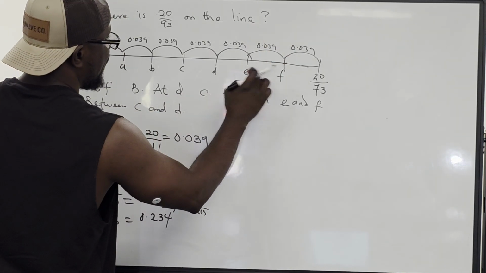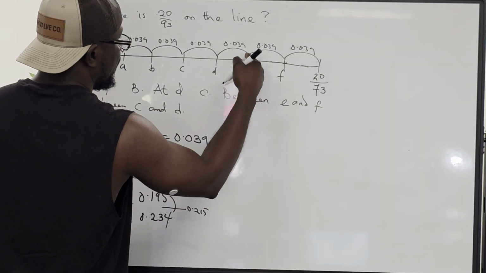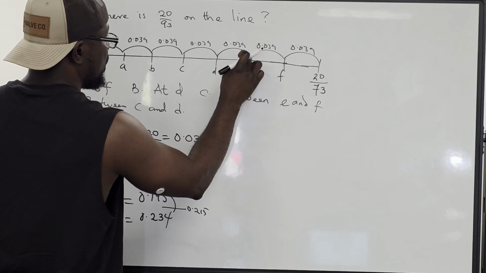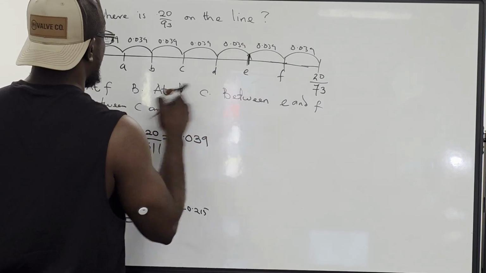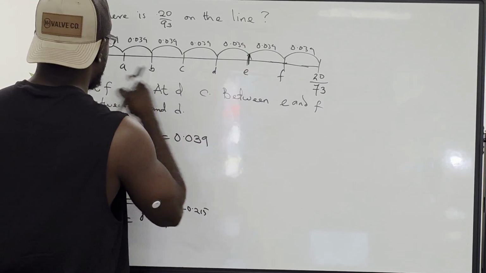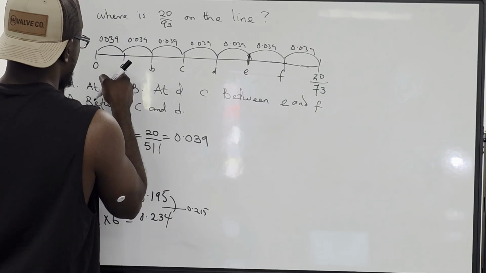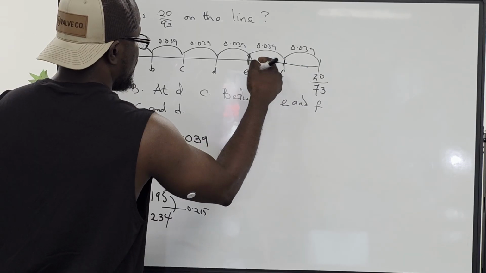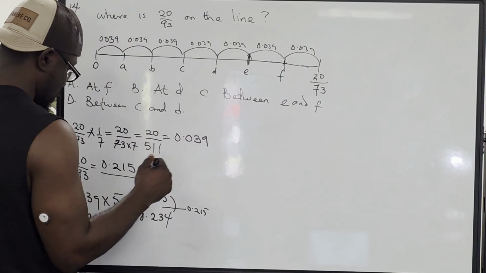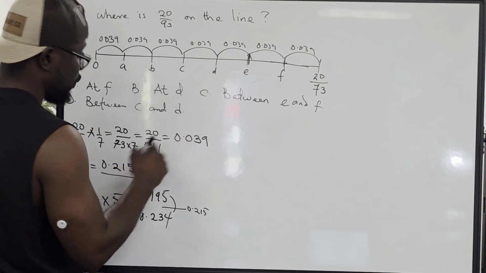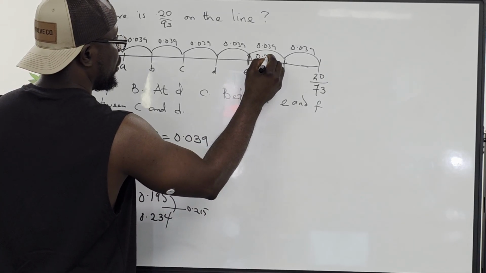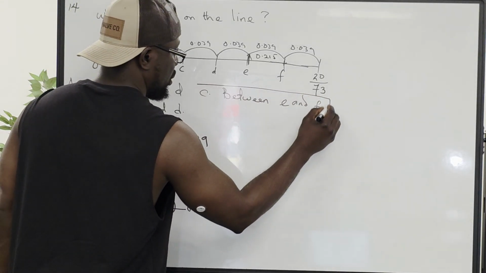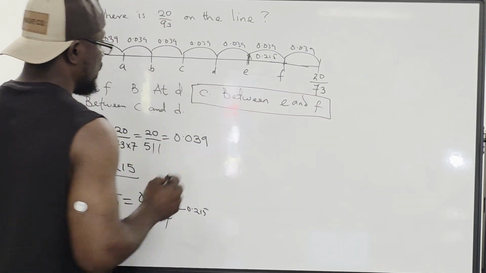So 5 to 6 is going to be between E and F. 5 is this one right here, E, because this is 0, the first number is 0.039. So between 5 and 6, you're going to have 0.215. So the answer is between E and F, option C. That is the answer.